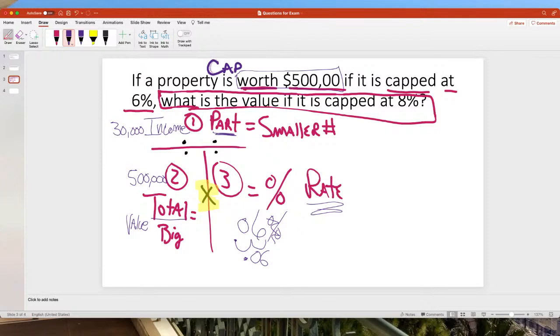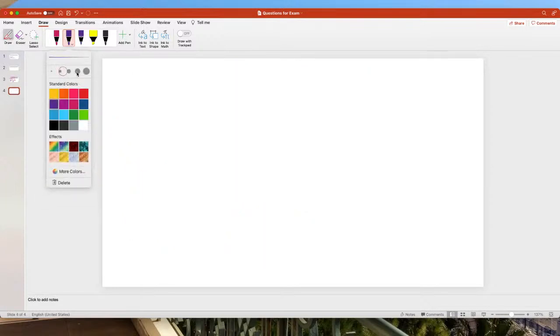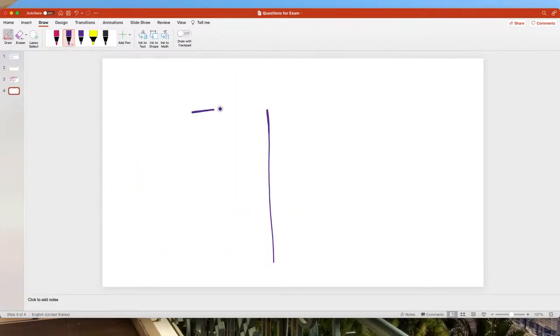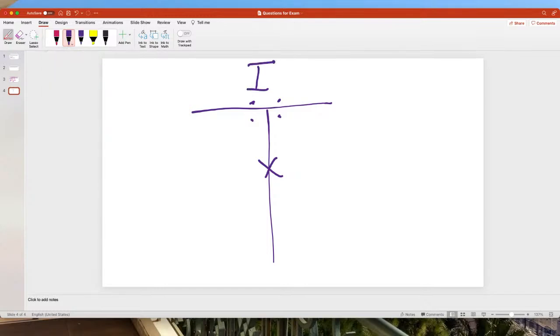Now let's continue to read the problem. What is the value if it's capped at 8%? Well, basically what we're trying to do now is we're solving, remember, put our math on there. Now, remember, this is income. This is value.